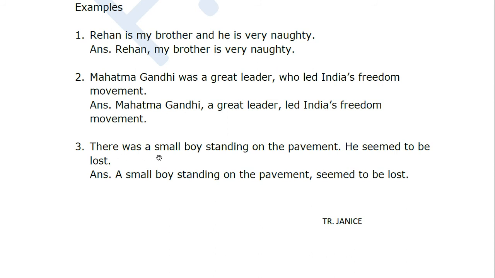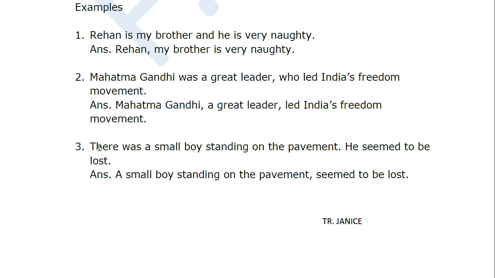Next one. There was a small boy standing on the pavement. He seemed to be lost. Now these are two sentences which you have to join and at the same time remove one of the two finite verbs. The first one is was and the second one is seemed. So whom are you talking about now? A small boy. So you will write that first. A small boy standing on the pavement seemed to be lost.